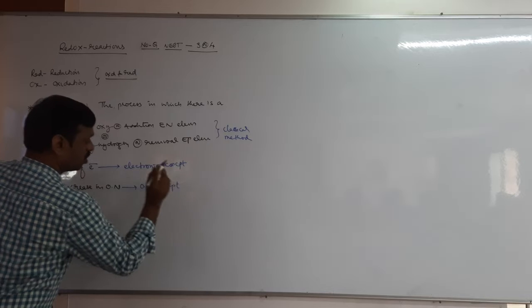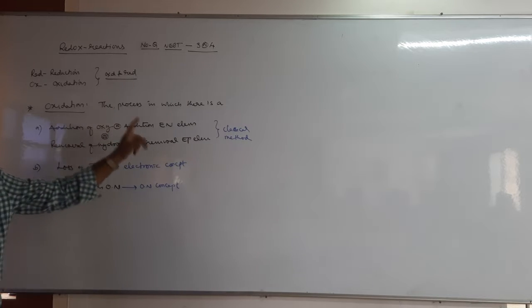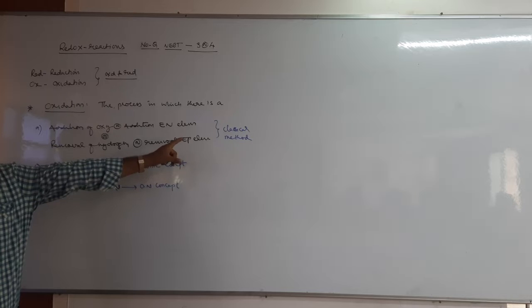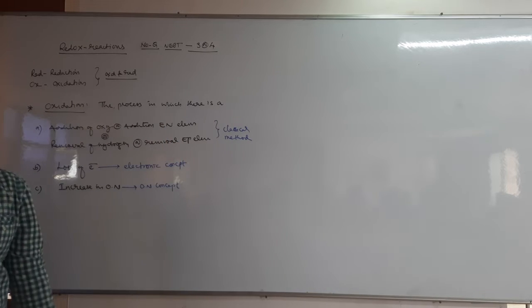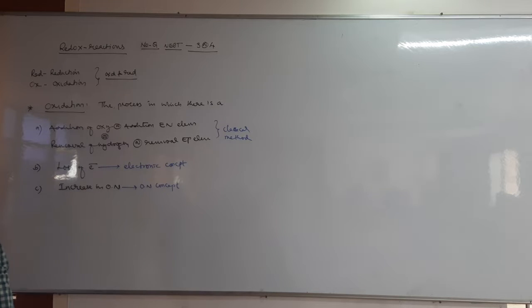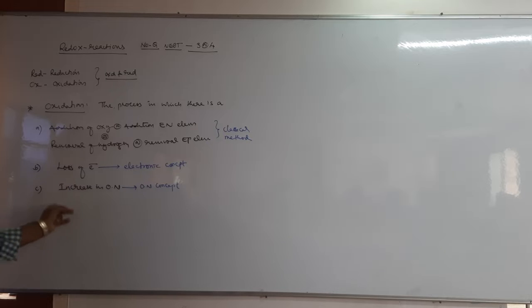So there are three definitions of oxidation. One, according to the classical method: the process in which there is addition of oxygen or addition of an electronegative element or removal of hydrogen or removal of an electropositive element. Next, according to the electronic concept, loss of electrons. According to the oxidation number concept, increase in oxidation number.